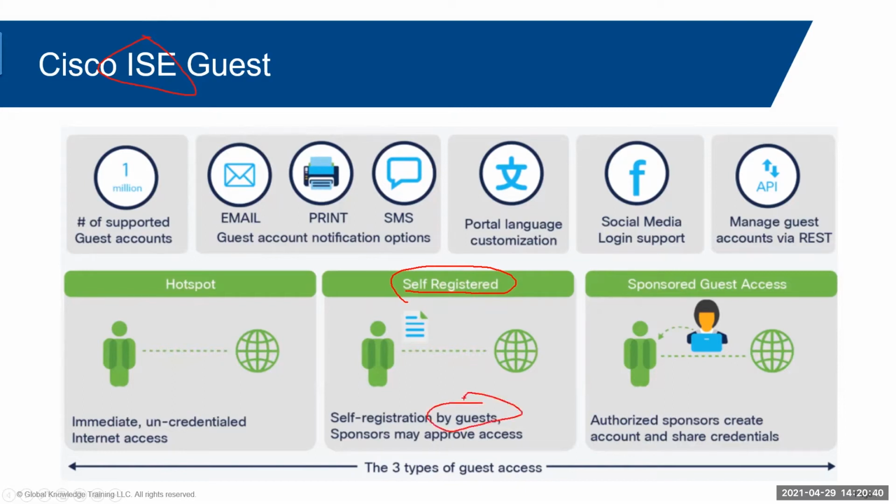This means I enter who I am and what I'd like to do on the network, and then a sponsor, an employee in the organization dedicated to reviewing these, approves or declines. Oh, we see that you're a registered guest for this week and Joe's connected in. Okay, I'll press the button. Joe, you're allowed to come in.